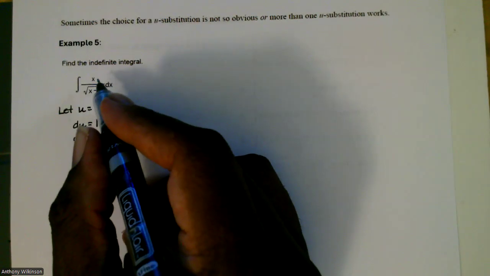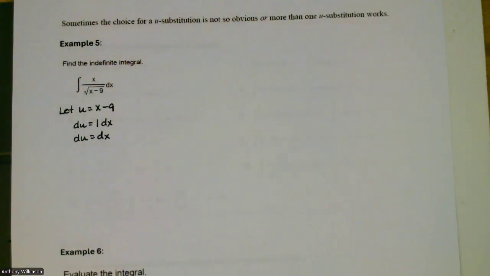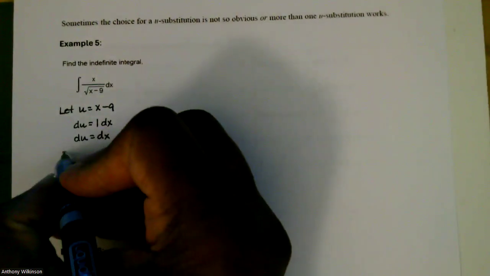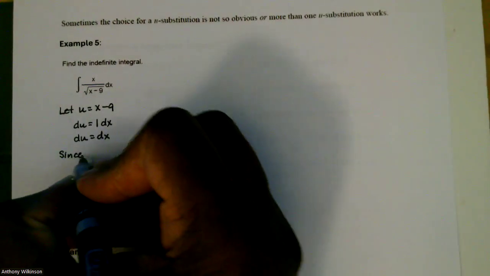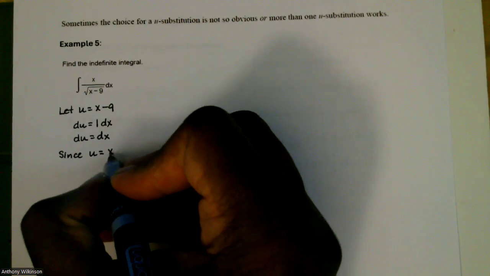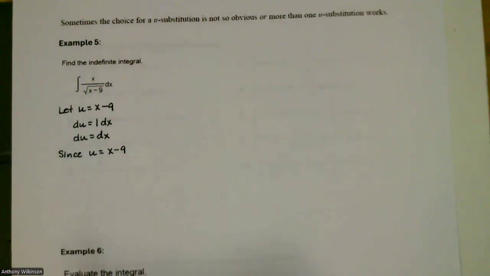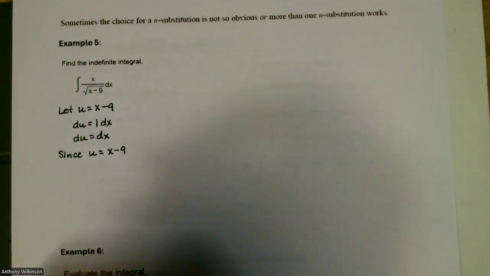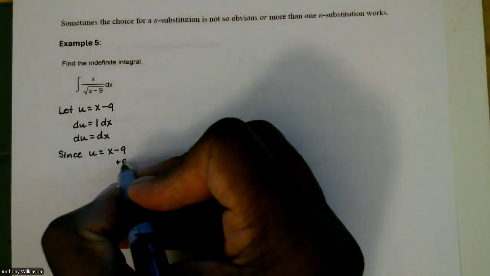But I need something to replace the x with, because that whole entire integral must be in terms of u. I can't have a combination of x's and u's in that integral. Well, let's use that u equals x minus 9. So since u is equal to x minus 9, let's solve this equation for x by adding 9 to both sides.